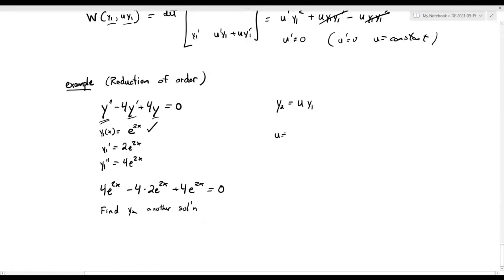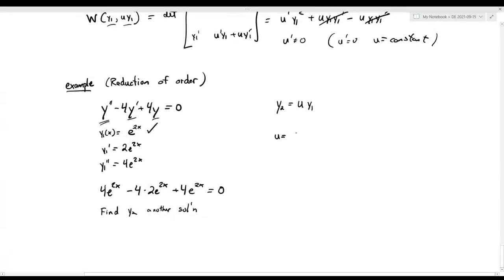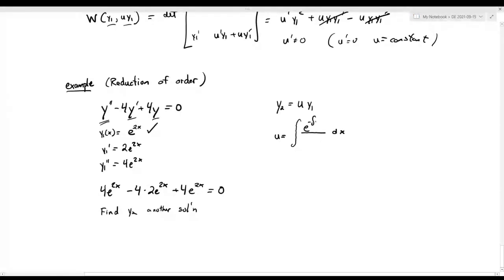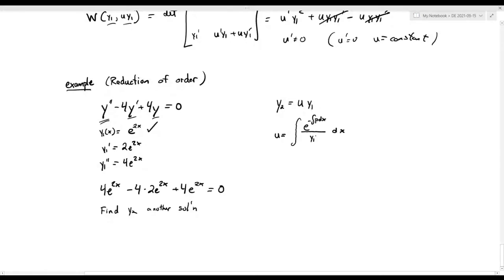And without going through that messy procedure, we did derive a formula for u, and it was the antiderivative of a fraction. The numerator was e to the negative power of p dx. This was the first solution squared in the denominator. So identify your p.